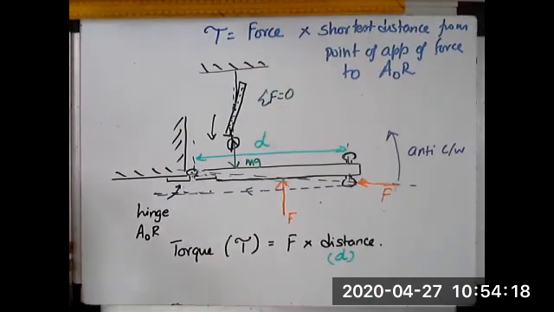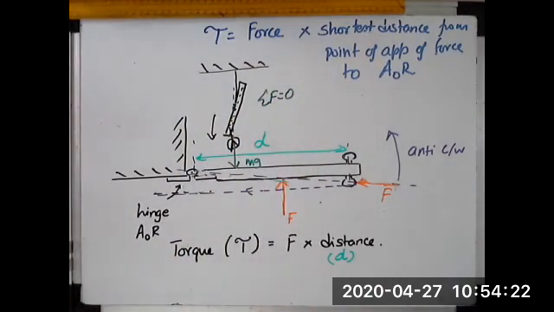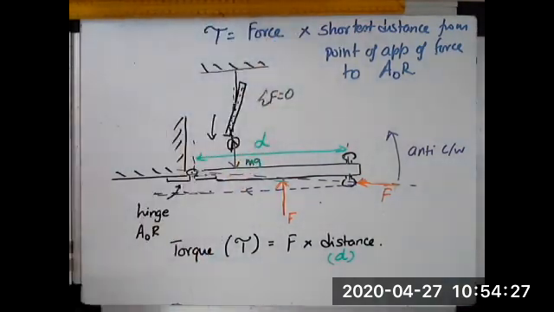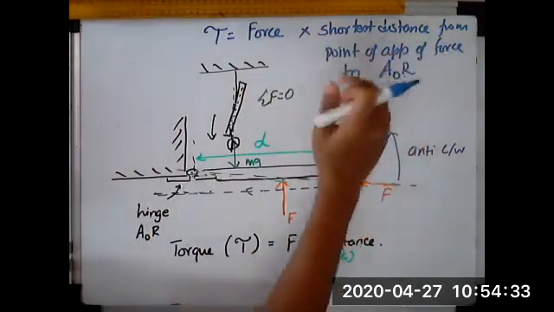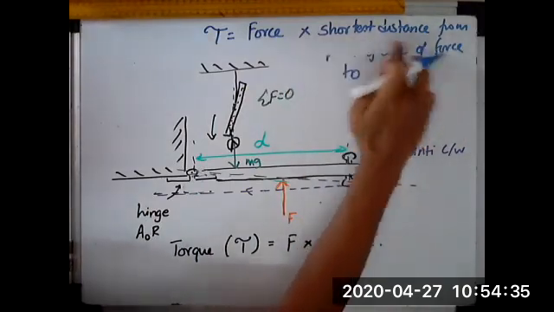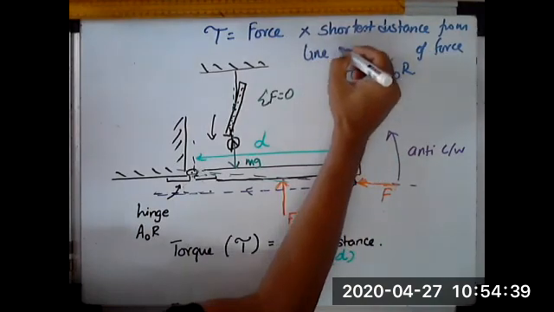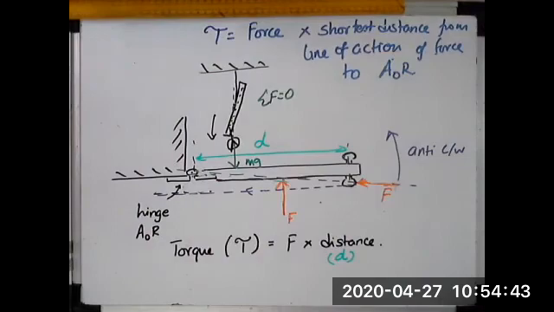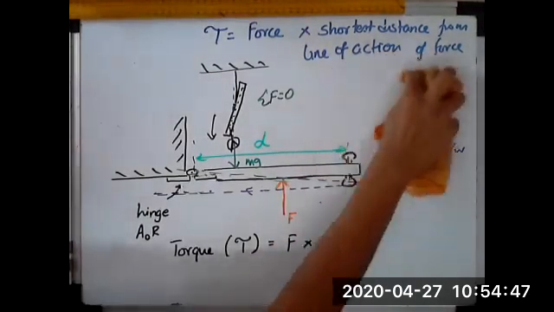So therefore it comes to dynamic equilibrium. Okay. So therefore we can now modify our statement, the above statement over there, that torque on a system will be equal to the forces acting on that system multiplied by the shortest distance from, not the point of application, we'll have to change that. We'll change that to line of action of the force, and then you don't need to specify the axis of rotation.